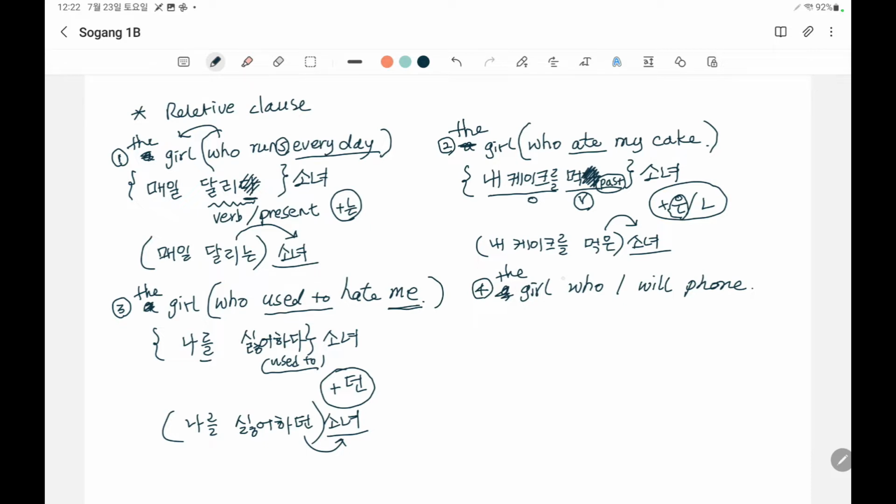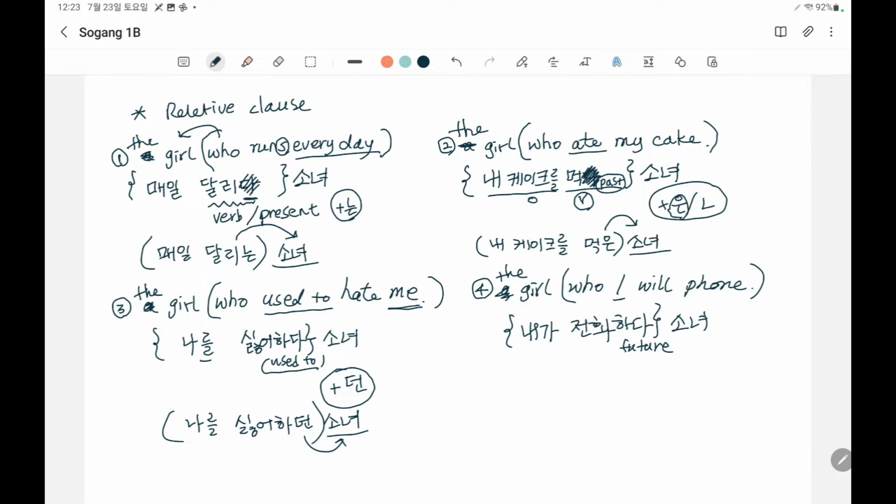The girl who I will phone 있네요. 자, still 소녀 supposed to be right after the modifying bit. I will phone. Let's start with always base form. 자, base form phone 전화하다 있죠. But we need future tense. Who calls? I call, isn't it? 내가 씁시다. 내가 전화하다.